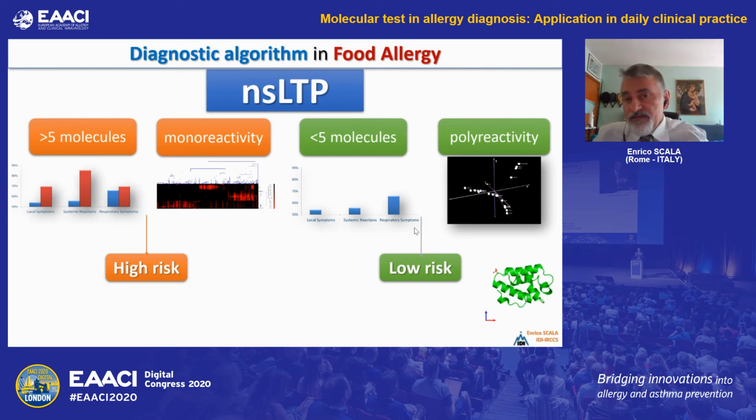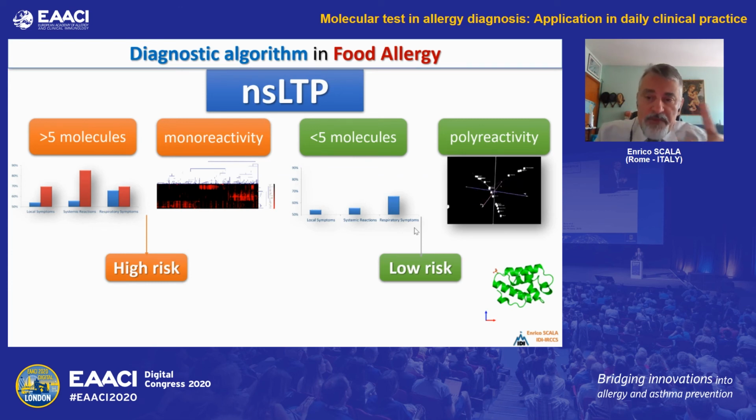And on the other hand, when you have a scant ability to recognize lipid transfer protein, and at the same time, the sensitization to lipid transfer protein, PR10, profilin, you could have a lower risk to develop systemic reaction to food.